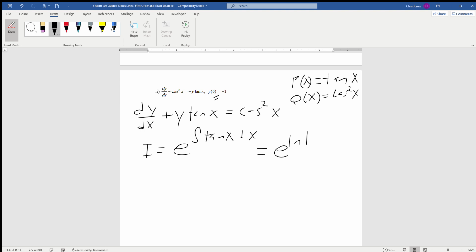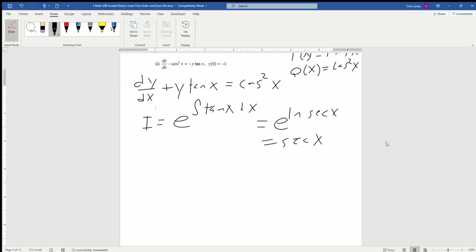Notice that x is near 0, so we don't even need the absolute value for this because it's non-negative. So we could just say ln of sec x, or that's just the secant of x. And some of you might not like that too much. Some of you that are looking ahead to the solution might like that a little bit.